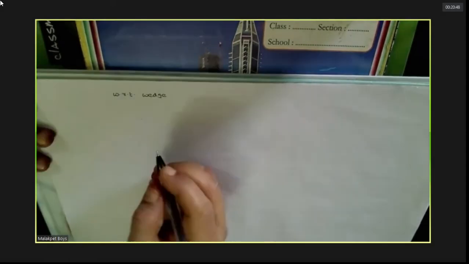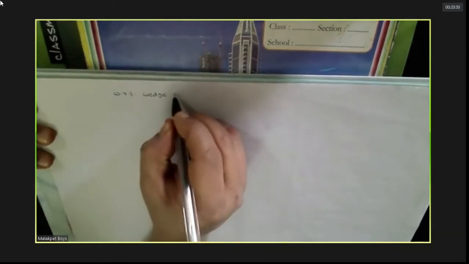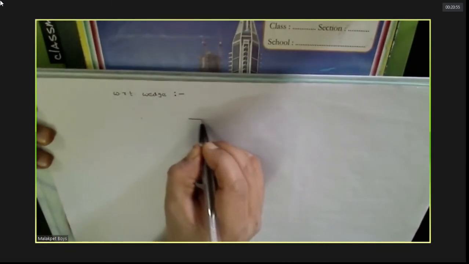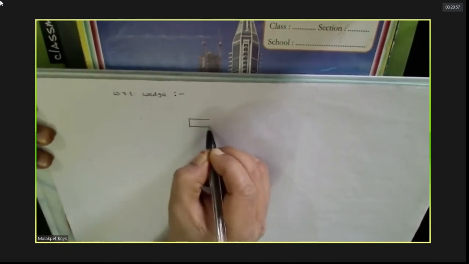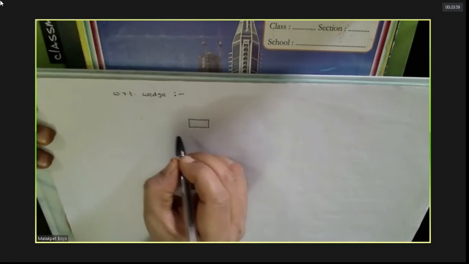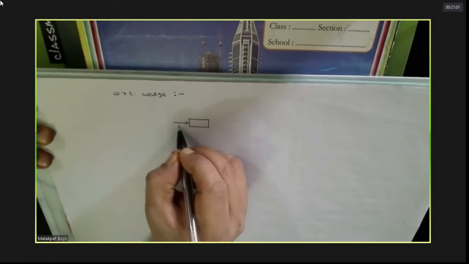Now suppose we want to analyze with respect to the wedge. Okay. So when you analyze with respect to the wedge, this block is there. You have seen what the forces on this were earlier.